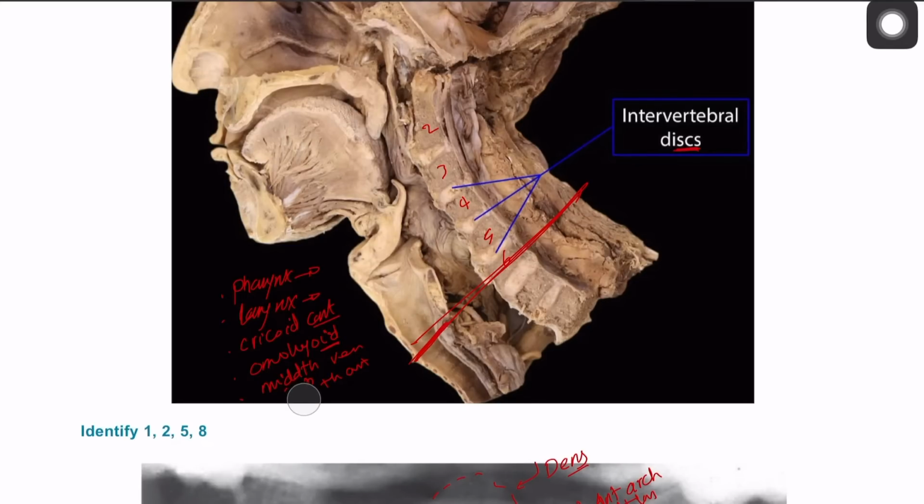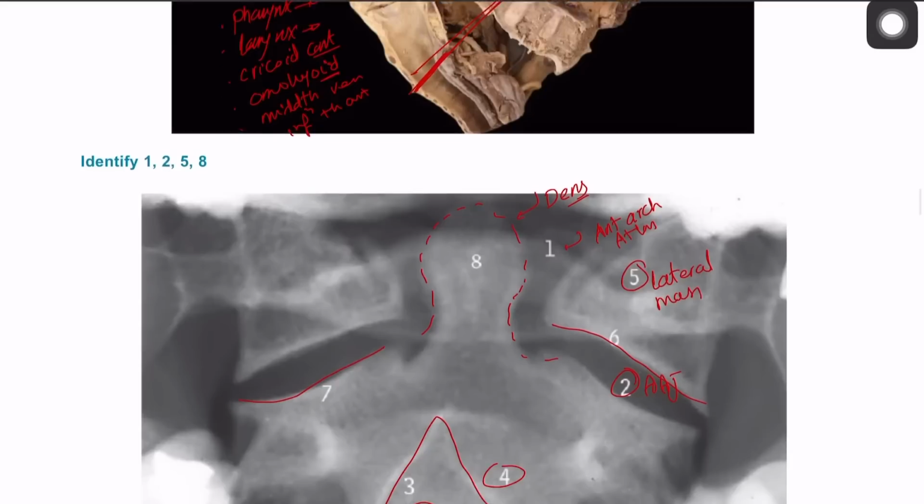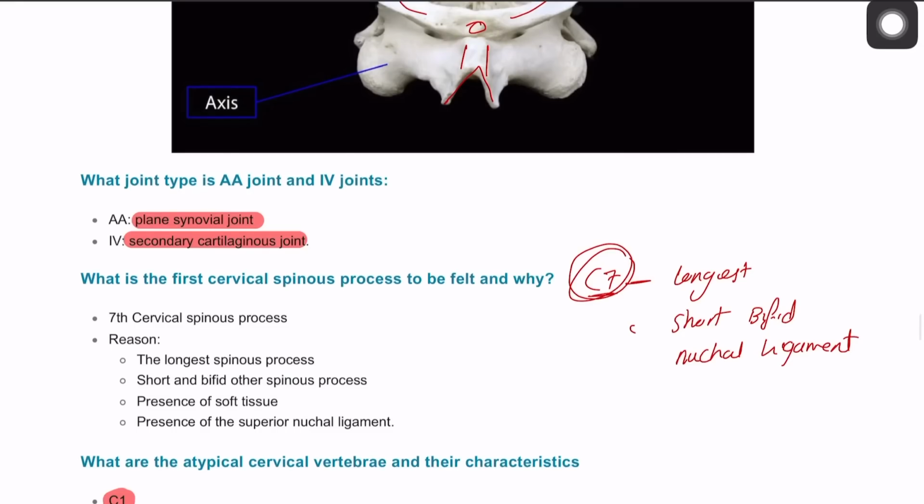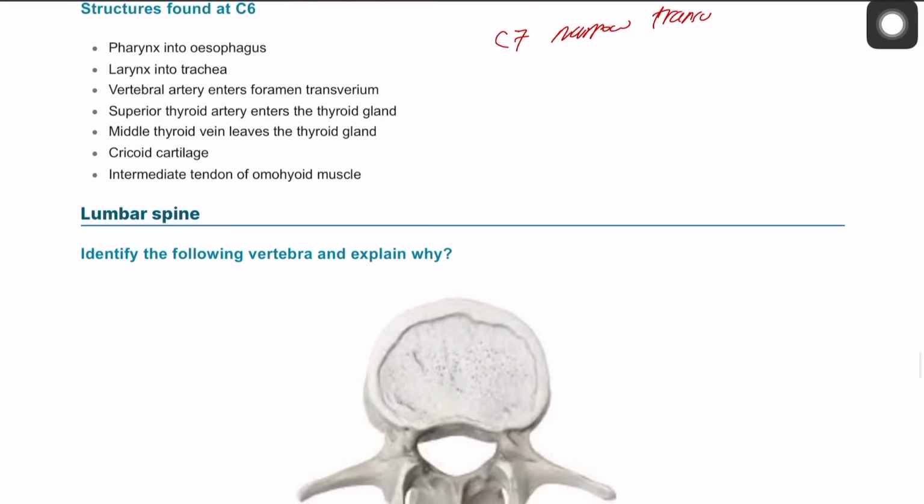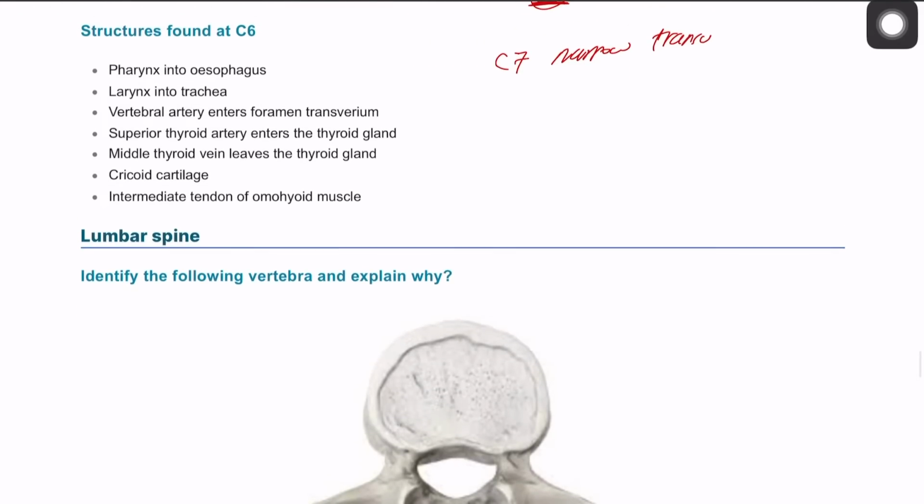I think it's the inferior thyroid artery. Well, we're going to check that. So these are all the structures that lie at the level of C6 that we mentioned. Sorry, the superior thyroid artery enters the thyroid gland, the middle thyroid vein leaves, and the intermediate tendon, and the vertebral artery enters from the transverse foramen as well.